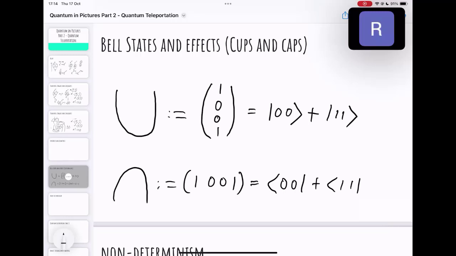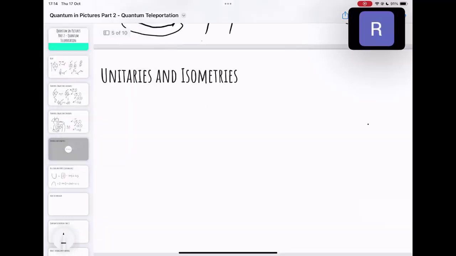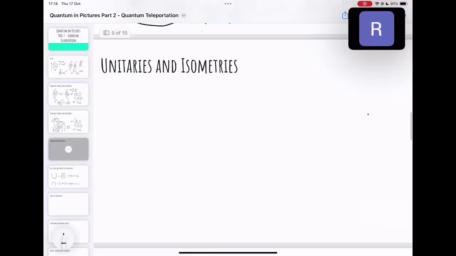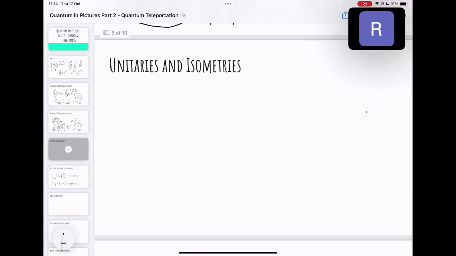Okay, so let me talk about unitaries and isometries now. So we've learned about the vertical reflection, which is a dagger of a linear map.